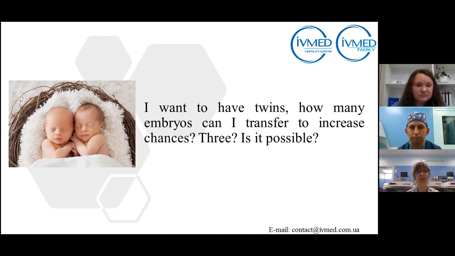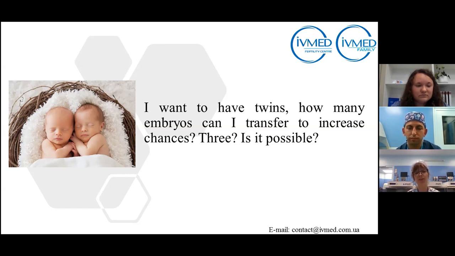So if you really would like to get twins, it is better to transfer two embryos of high quality, grade AA, or even better to go for NGS testing and be sure that these embryos are euploid. It means they are healthy. And of course, being healthy, they have higher chances for implantation.